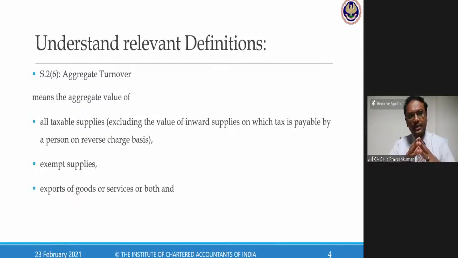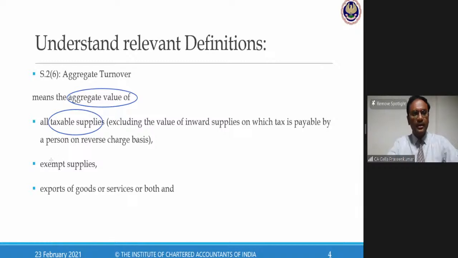So as of now, for us to understand, this term aggregate turnover says aggregate value. What is that aggregate value? Aggregate value is a summation. I need to do the summation of all taxable supply, exempt supply, exports.